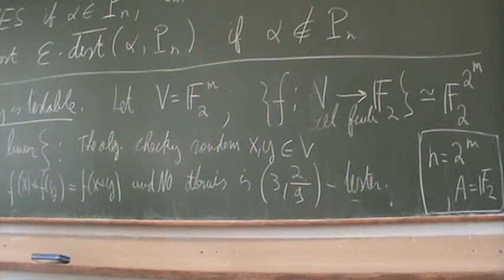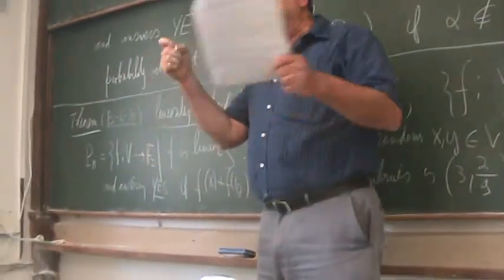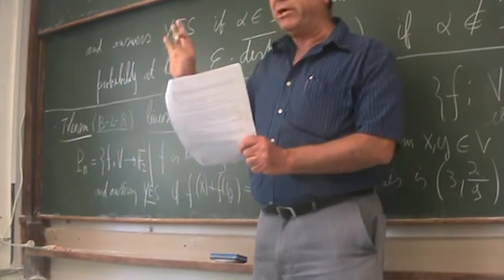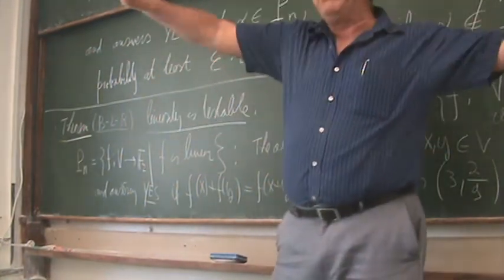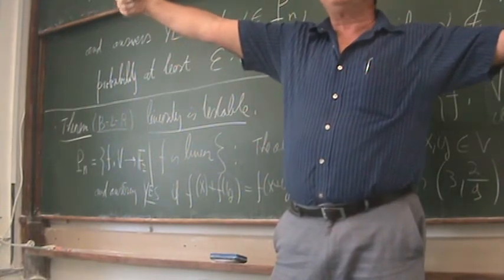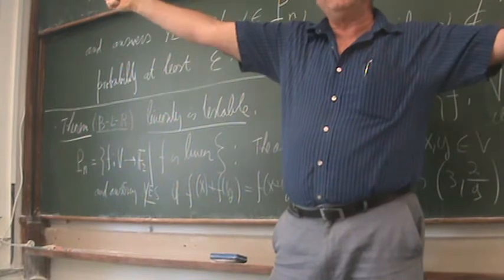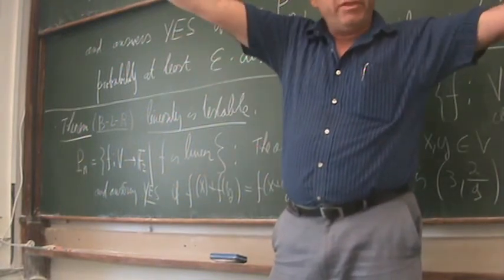We check only 3 bits out of the whole thing, because I'm picking a random vector. The vectors are long, that's okay, but that's not what I check. I check my function. Somebody gives me a list of 2 to the m bits, and I know the order of the vectors and where they go.